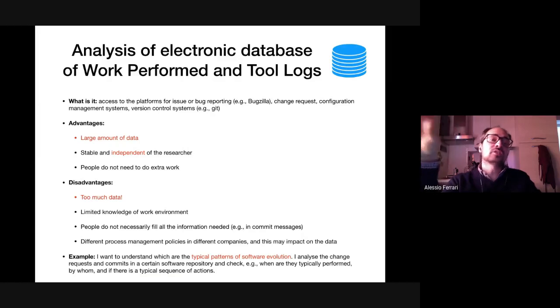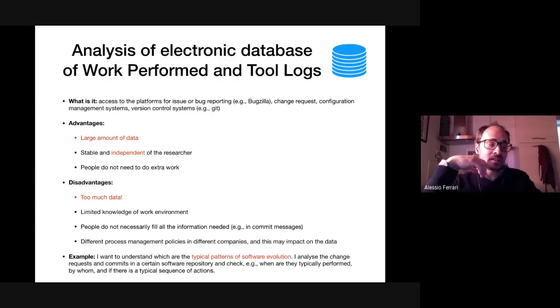Okay. The issue is that you may have a lot of data, too much data, and you don't know much about the work environment. So the work environment might vary from company to company, and you may not know why a certain person has been doing that change request, or why these people are leaving this trace in the version control system, for example.